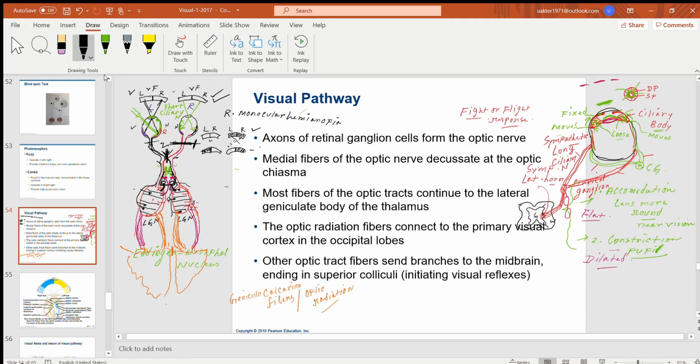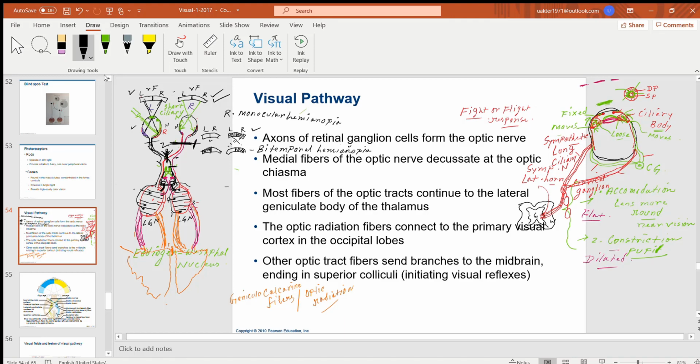Makes sense, right? Bitemporal means both sides temporal.